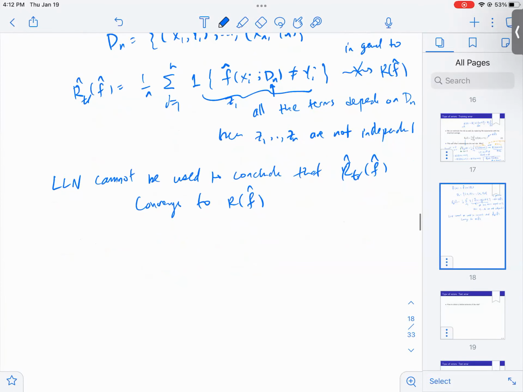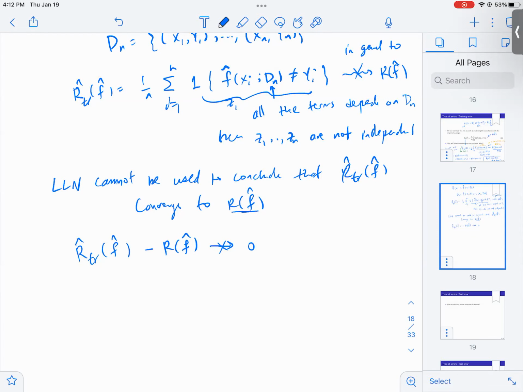If I want to be precise, I should look at this minus R of F hat and say that this does not converge to 0, because this side also depends on n, because F hat itself depends on n. It's a moving target because F hat changes. So if you want to be really precise, you'd write F hat n because it depends on the size of the data.